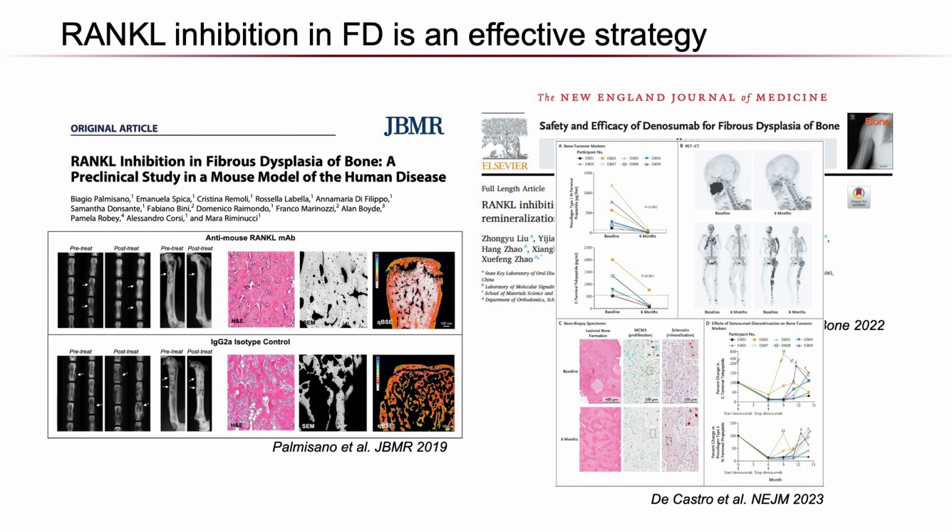But more importantly, we observed that we could convert the fibrous tissue into mineralized bone. And also, Dr. Zhao will present something later in 2022, showing the same in another mouse model, and more recently, we heard from Dr. Boyce that they demonstrated the safety and efficacy of denosumab for human patients.